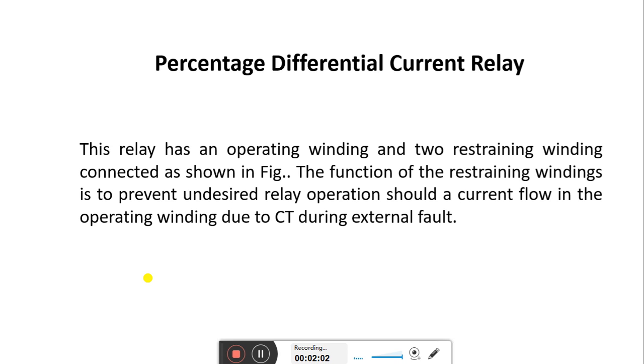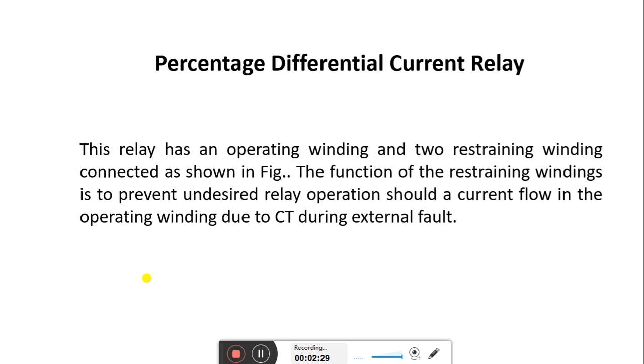The function of the restraining windings is to prevent undesired relay operation, should a current flow in the operating winding due to the CT during an external fault. So this restraining winding is introduced only because of malfunctioning operation if the fault is external.